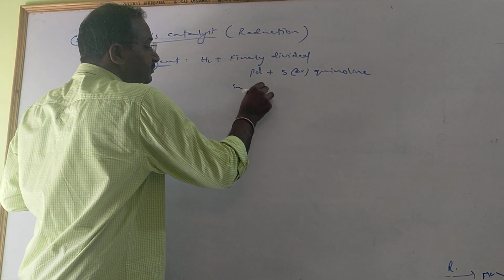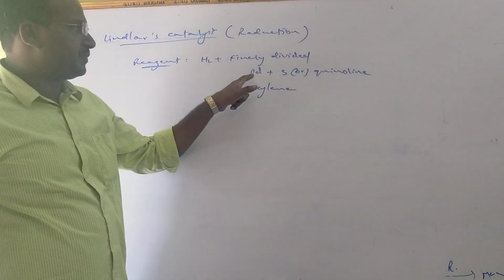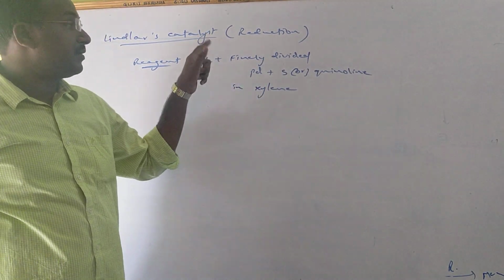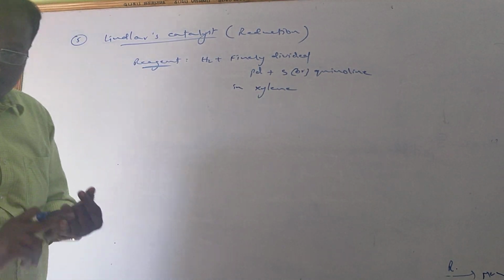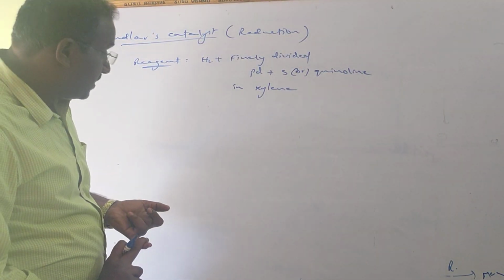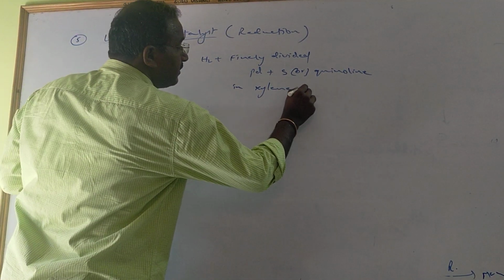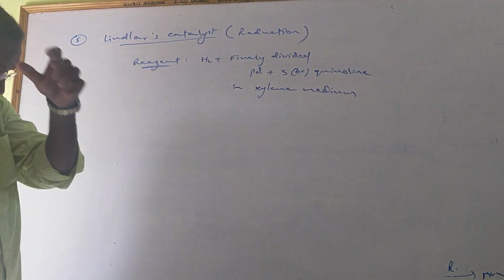H2 plus finely divided palladium and quinoline in xylene medium. S or quinoline acts as a poison for the palladium catalyst. So this is the reagent. Once again, hydrogen plus finely divided palladium plus sulfur or quinoline in xylene medium is the reagent of Lindlar's catalyst.